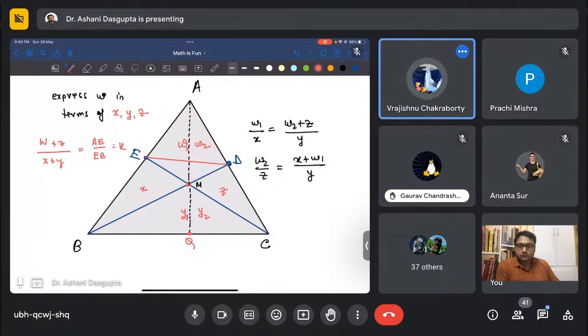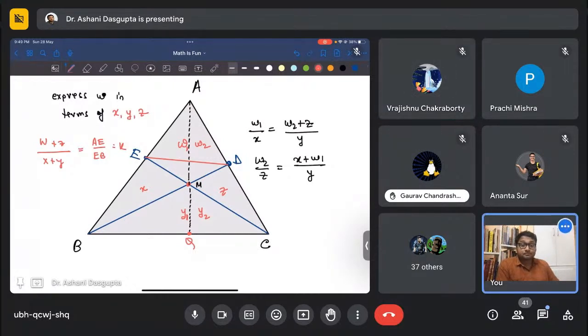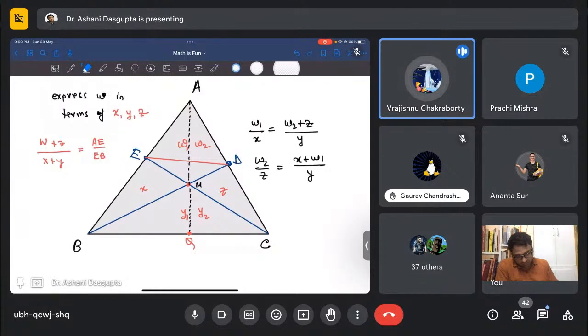I assume that we can express W in terms of X, Y, Z, but then a redundant factor K is still there. So I cannot give an exact relation. So you have to think more.